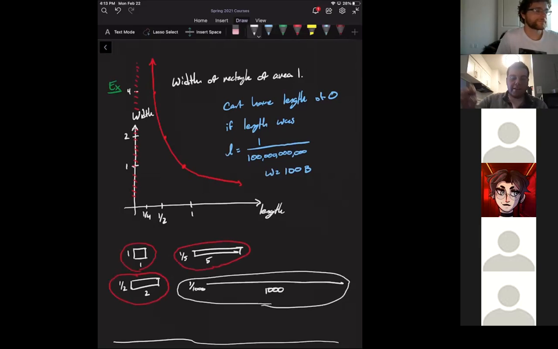It just looks like a straight line. So that's how a vertical asymptote happens. You can make it work by having one thing really small and one thing really big, but you can't actually go all the way down to 0.